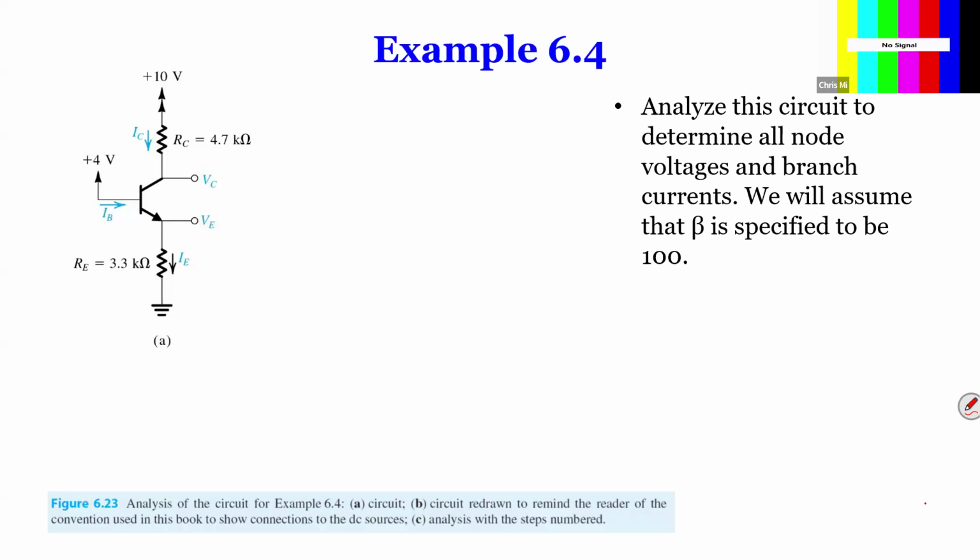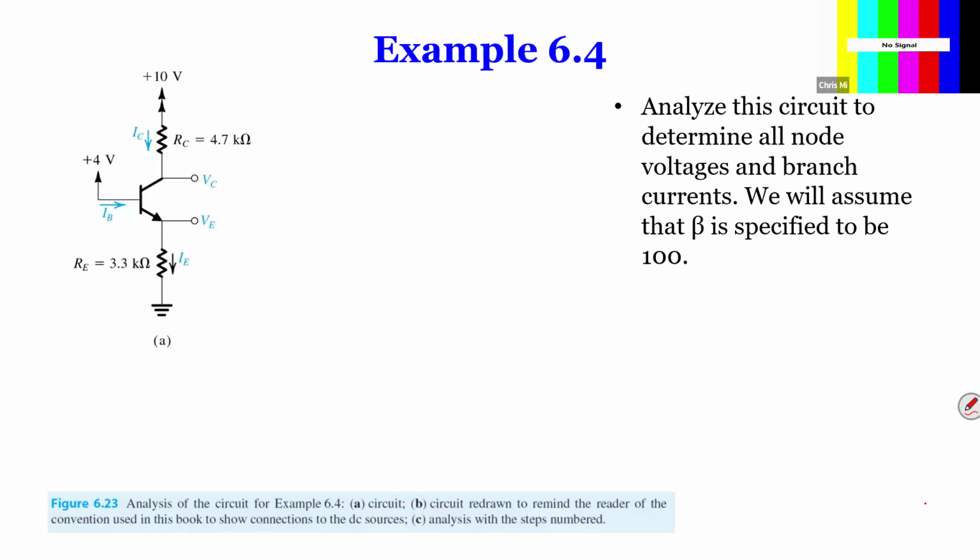And your VBE becomes 4 volts. That's not possible. VBE cannot be 4 volts. If VBE is 4 volts, in reality, your IC will be like 1,000 amps. It's too much. It's not going to happen, right? So VBE has to be 0.7 if either active or saturation operation mode.